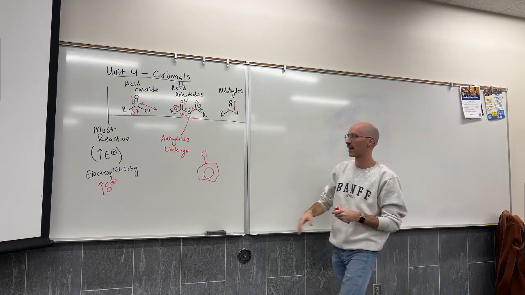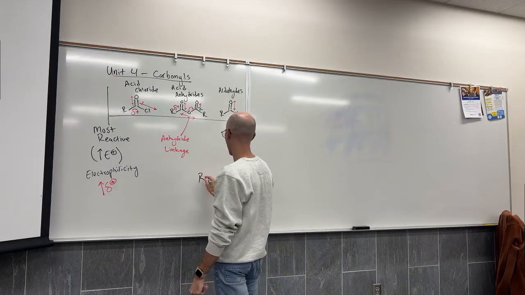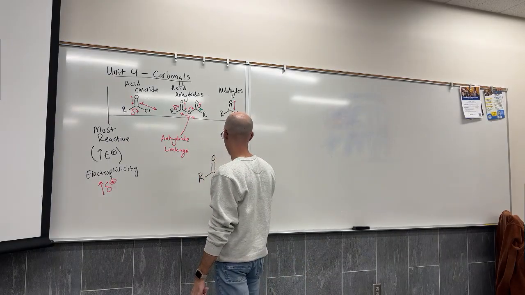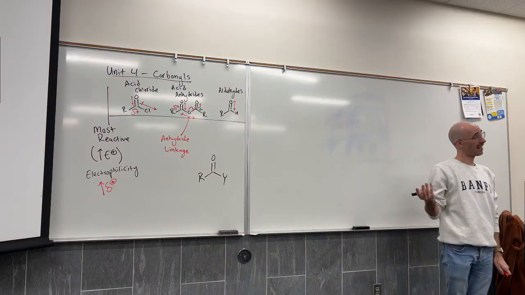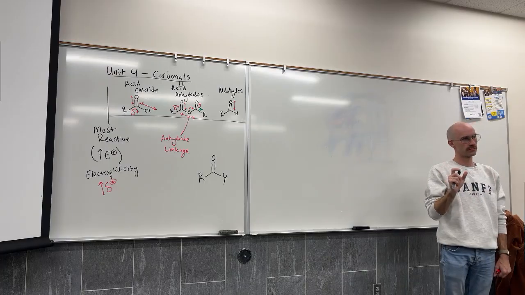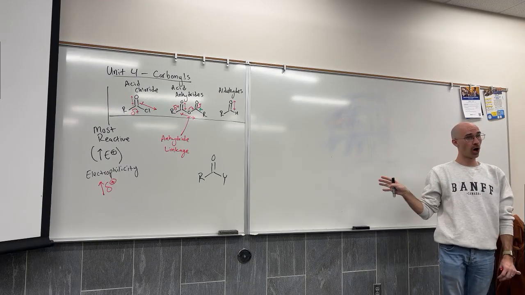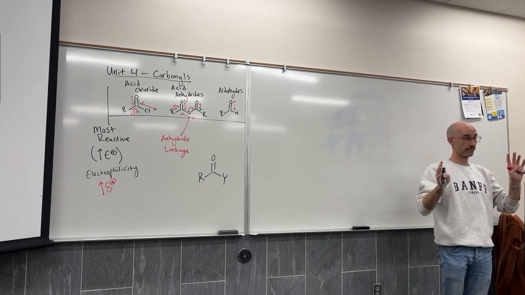which is to say that the generic carbonyl, I'm just going to write Y. I can't put X because we usually say X is a halogen. And I can't put R because I want to just say, like, it can be anything.